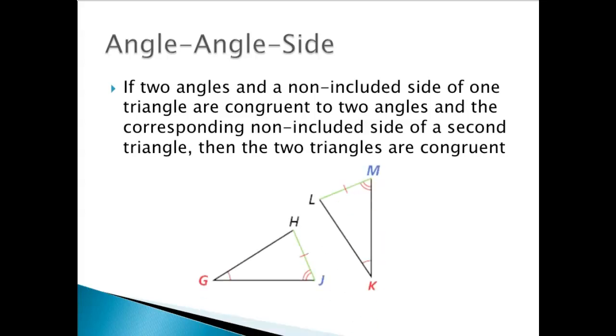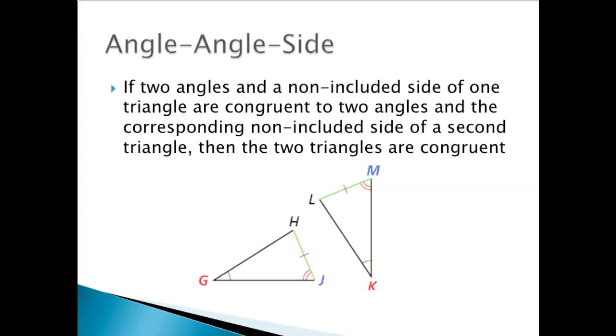So here's an example. We have GHJ, which is congruent to KLM. You see here that G and J, those two angles, are congruent to K and M. The non-included side would be HJ.